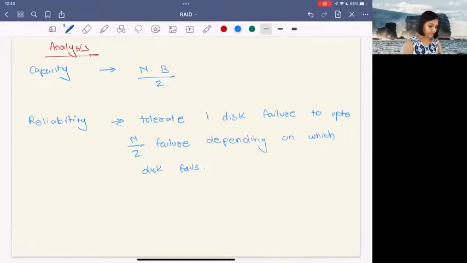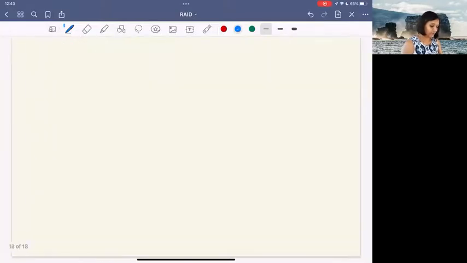And now our favorite metric of analysis, performance. How do we do in terms of performance for RAID 1? If we talk about the throughput, how are we doing in terms of sequential read?